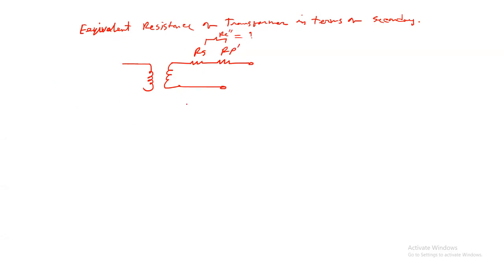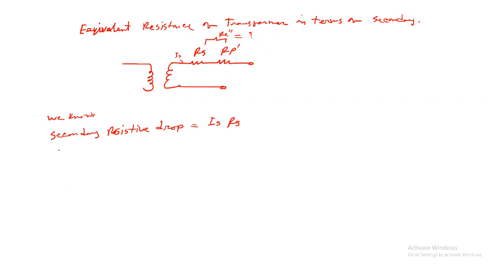You know that this is our secondary resistive drop. The secondary resistive drop is equal to IS RS, because this current IS flows.